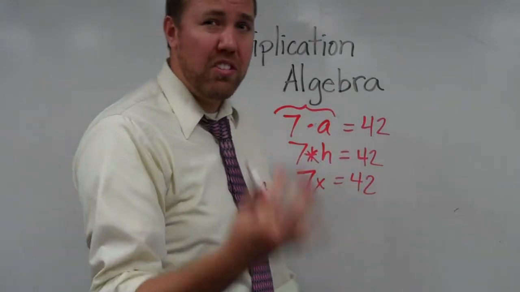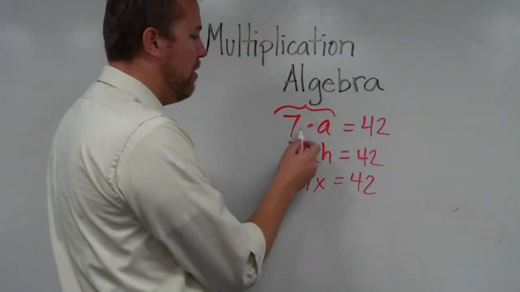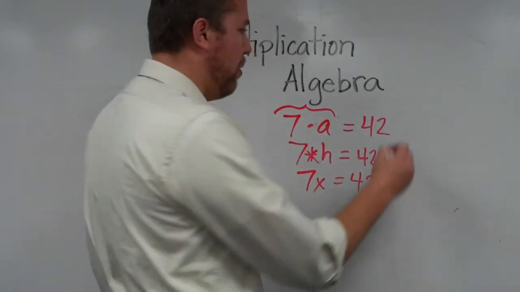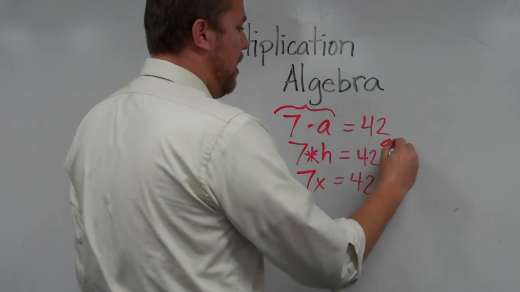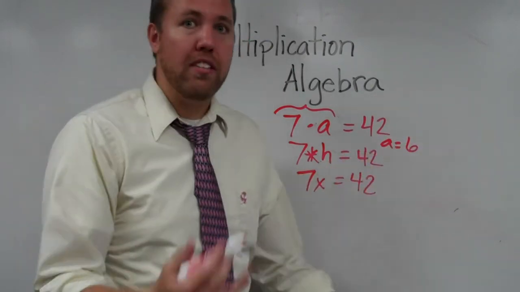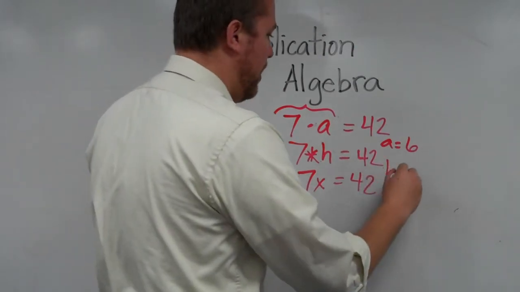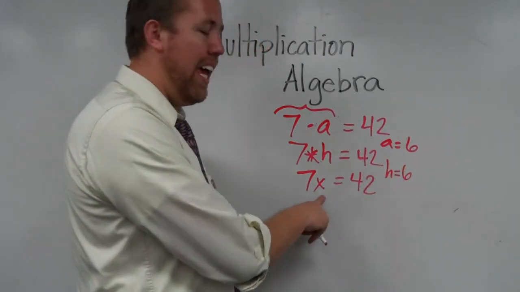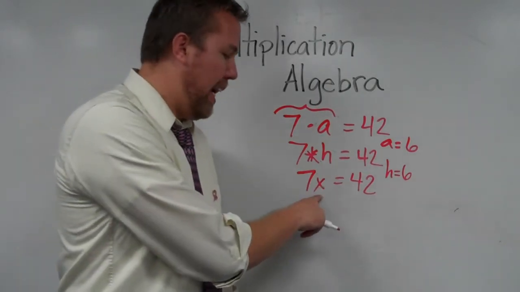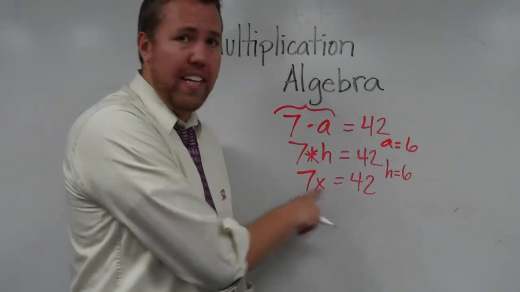We know that 7 times 6 equals 42. So when we do 7 times A equals 42, what does A equal? Okay, so A equals 6. 7 times H equals 42. What does H equal? H equals 6. Or 7x equals 42. In multiplication, they can put that letter right next to the number.